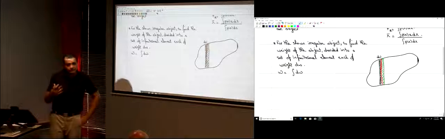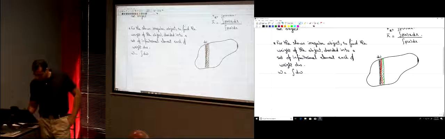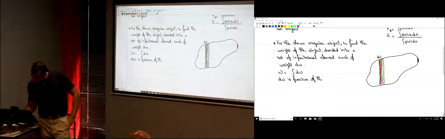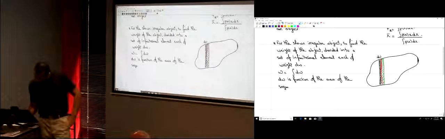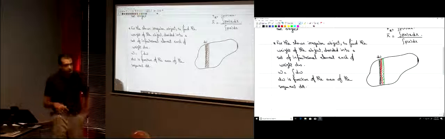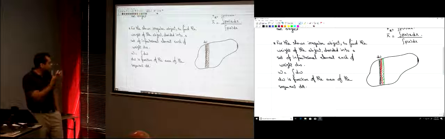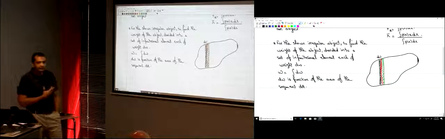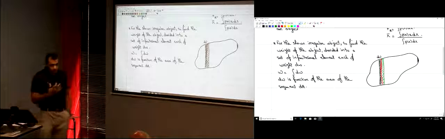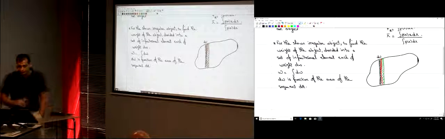As its area increases, so dw is a function of the area of the segment dA, okay? So you just find dA of each of those, and then you do the integration, you find dW, right? You do the integration, you find the weight W.